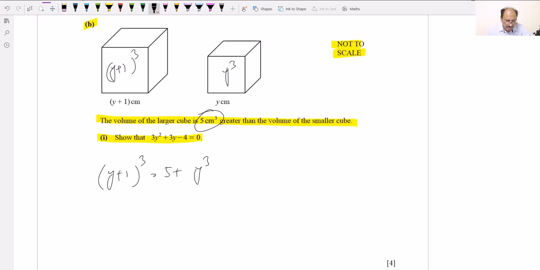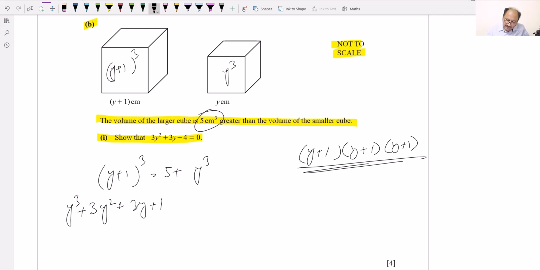Now after equalizing we can open the cube, either directly writing the cube formula or multiplying these and getting the product. I'm writing the direct formula, which is y cubed plus 3y squared plus 3y plus 1. If you multiply these three you will get the same thing.